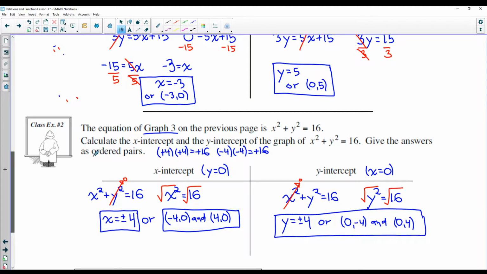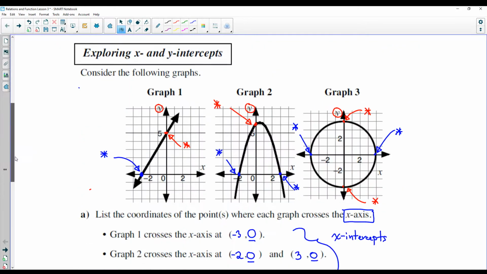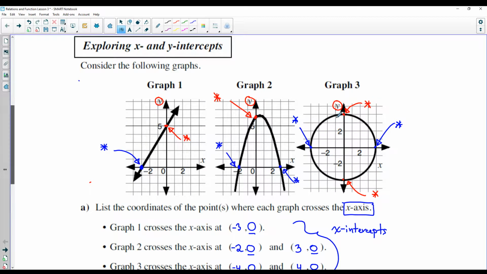And if we go back to that previous page, we can see that. The y-intercepts would be these red stars here. So we have y-intercepts at positive 4 and at negative 4.